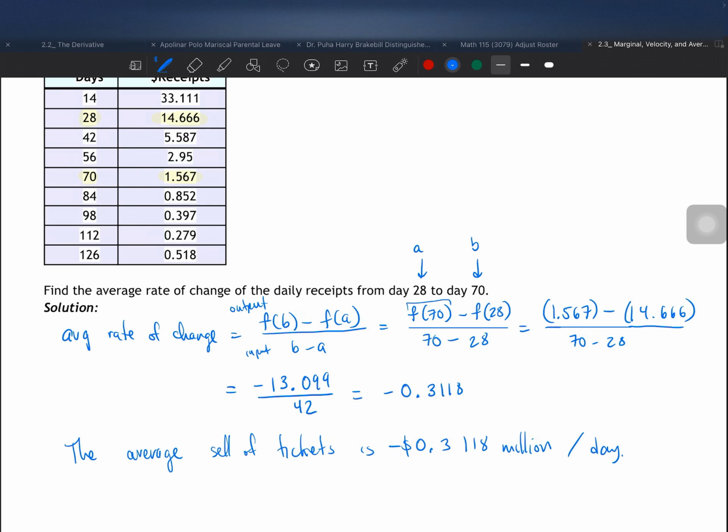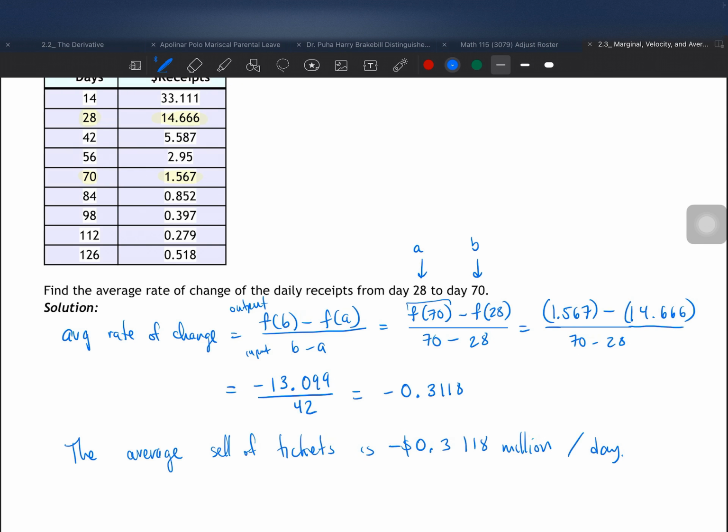So the average sale of tickets is negative $0.3118 million per day. What this is saying is that the rate of selling tickets per day is decreasing on average.